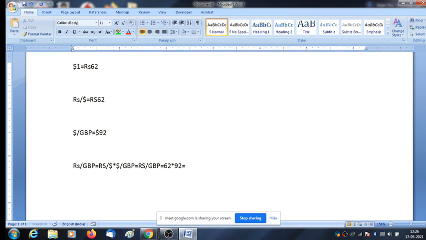So it will be 62 into 92. I have given this as an example, so an odd figure will come: 62 into 92 will be rupees 5704.